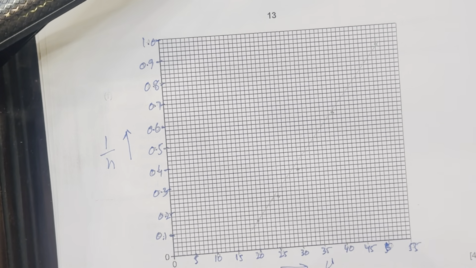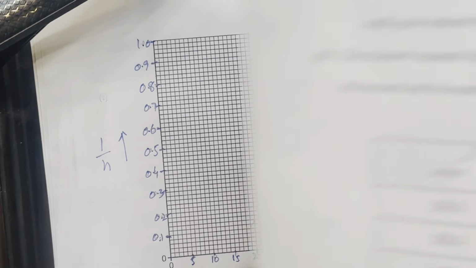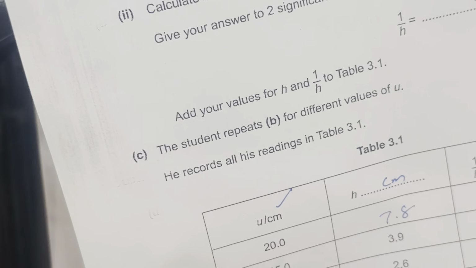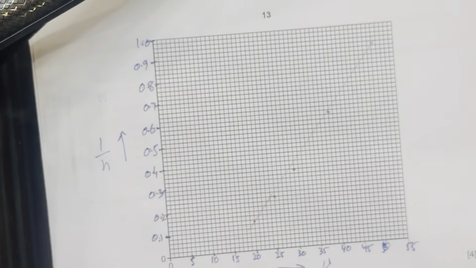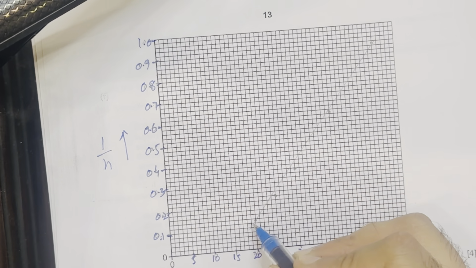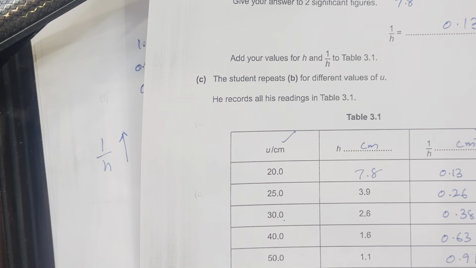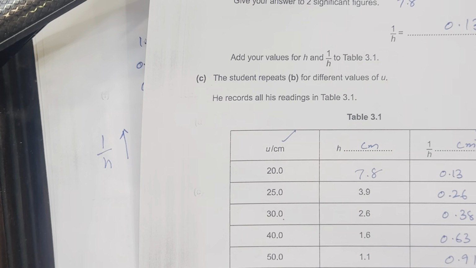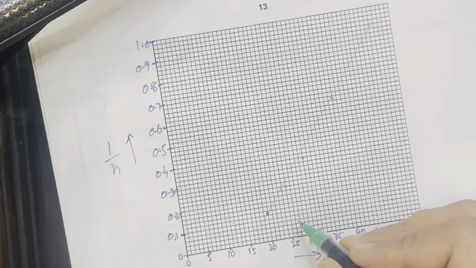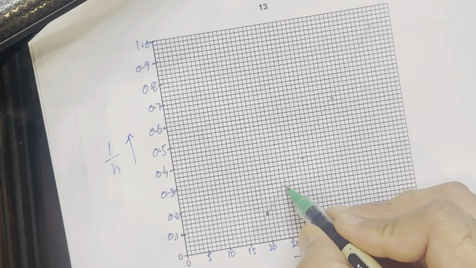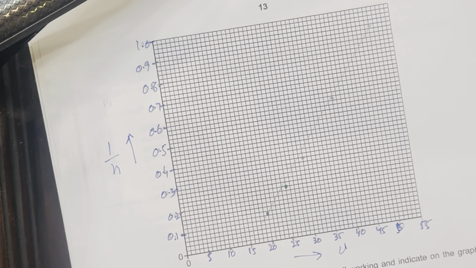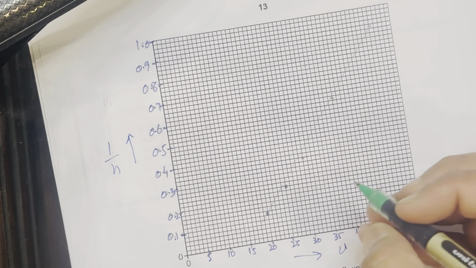Okay, first we need to plot 20 centimeter on the x-axis and 0.13 on the y-axis. Then 20 is this and 0.13 is this. After this, 25 and 0.26. After that, 30 and 0.38.